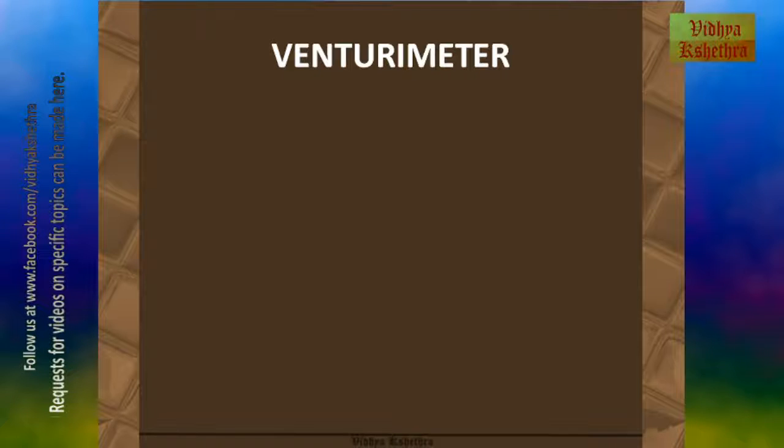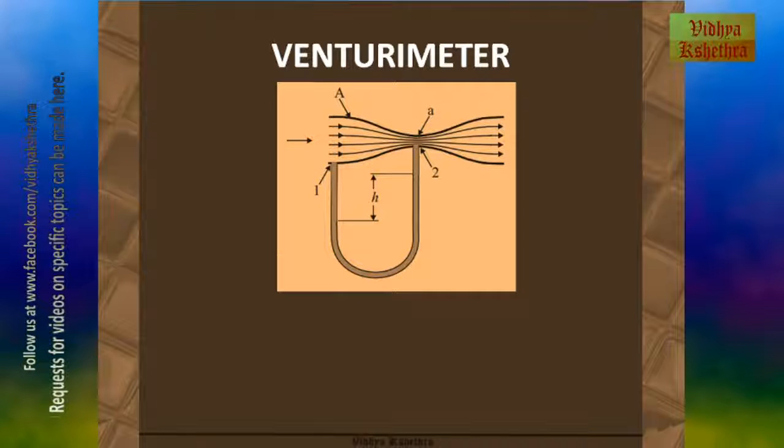Now Venturimeter. In this figure, a Venturimeter is shown. It consists of a wider cross section followed by a narrower cross section and followed by a wider cross section. And a manometer is used to measure the pressure difference between the wider cross section and the narrower cross section.